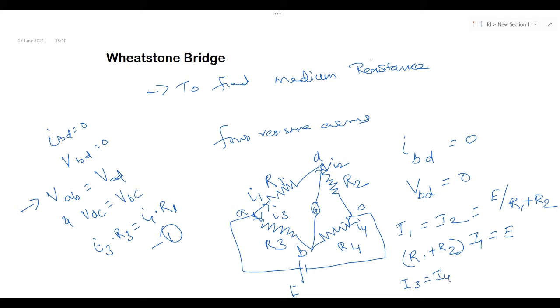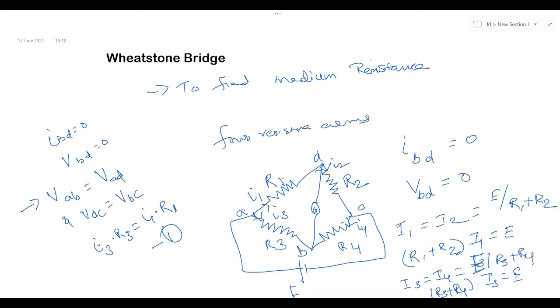Similarly, I3 is equal to I4, so R3 plus R4 into I3 is equal to E. Now we can write I3 is equal to I4 is equal to E by R3 plus R4.